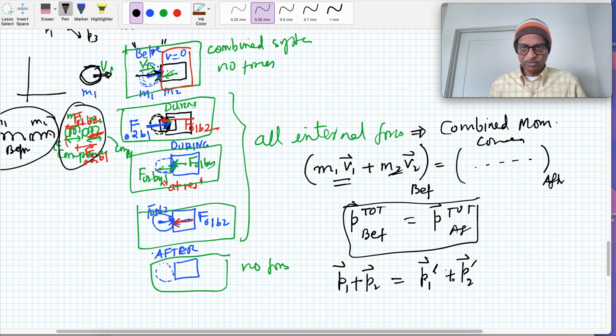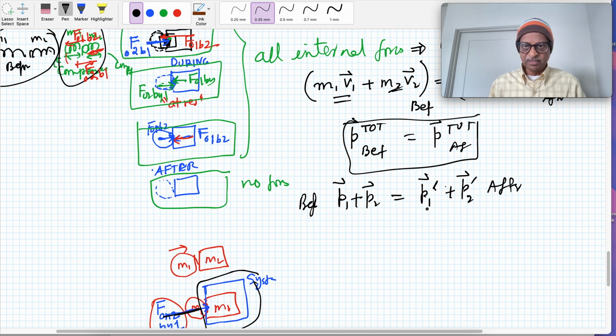So this is the after, and this is the before. P1 will change by a certain amount and P2 will change by a certain amount, so they're not necessarily zero.